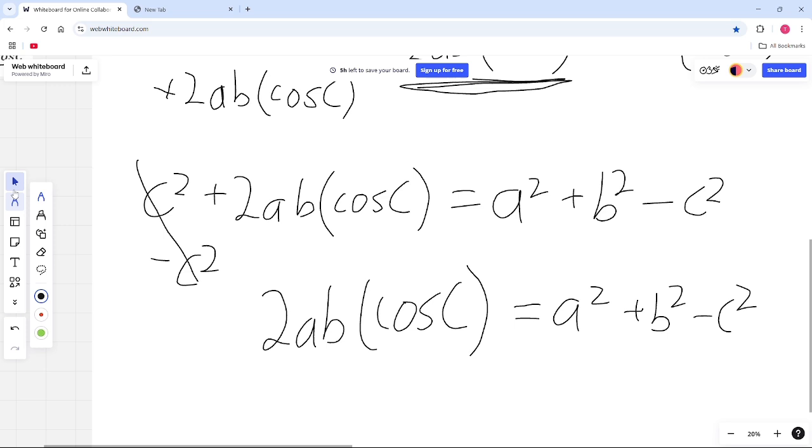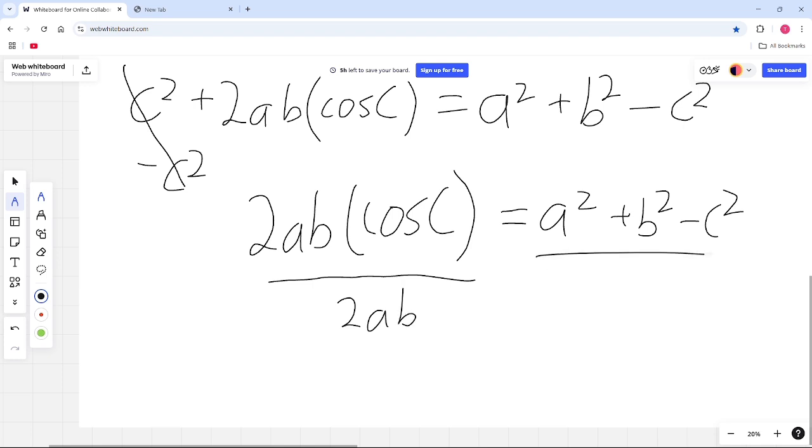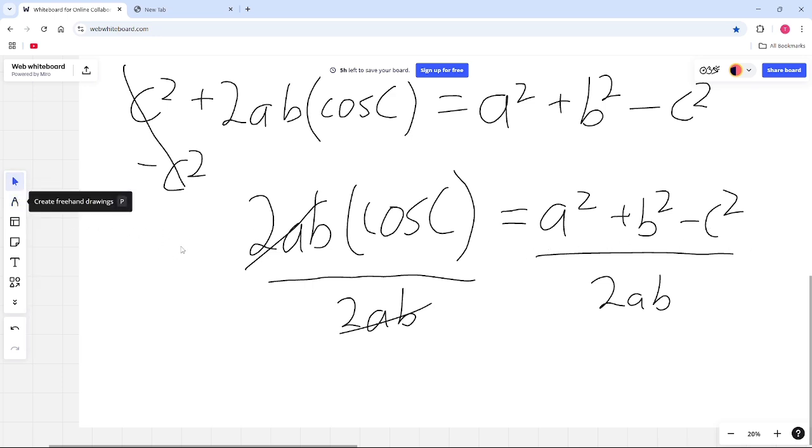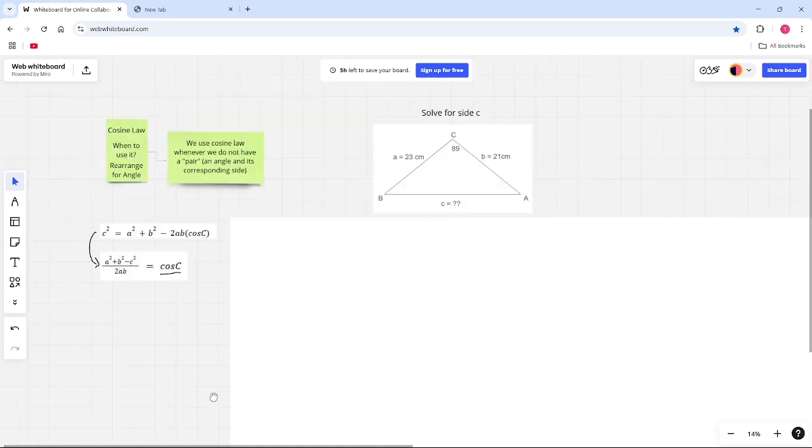Now you simply isolate for cos C, which you would divide 2AB on this side and 2AB on the other. Now you'll just be left with A squared plus B squared minus C squared divided by 2AB, which is the exact same equation over here.